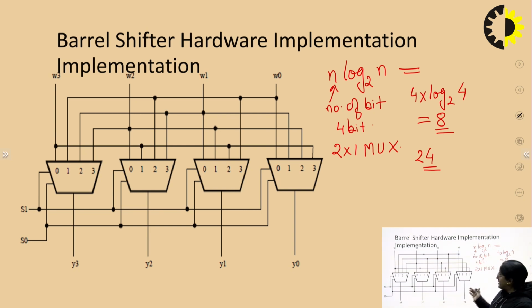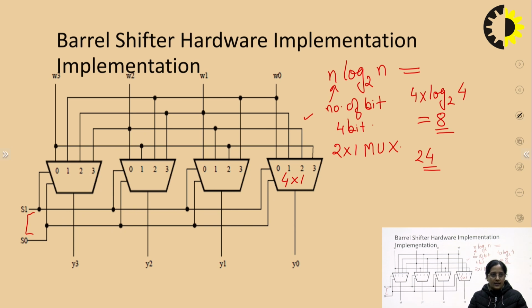Here, for example, this is a block diagram for the hardware implementation of a barrel shifter which is using 4:1 multiplexers. Here we have two selection lines, S1 and S0, which decide how the operation is going to be performed, and these are the data input lines which we are going to connect.